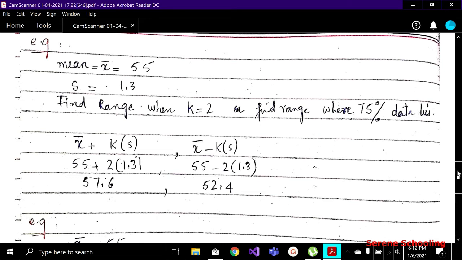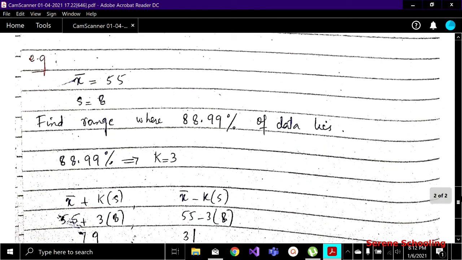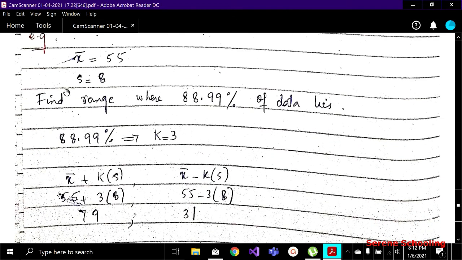You see another example also where we are not given k. We are given the mean, we are given the standard deviation, and we have to find a range where 88.99% of the data lies. And see, in the formula we need k and not percentage, right? So if we are given percentages, then we have to find k. In books it is given that at k equals 3, 88.99% of data values lie.